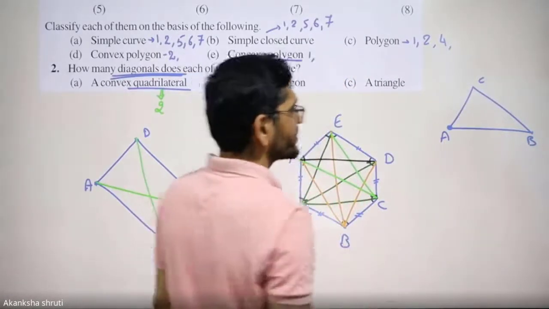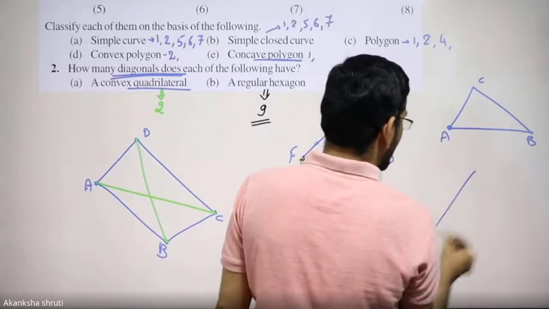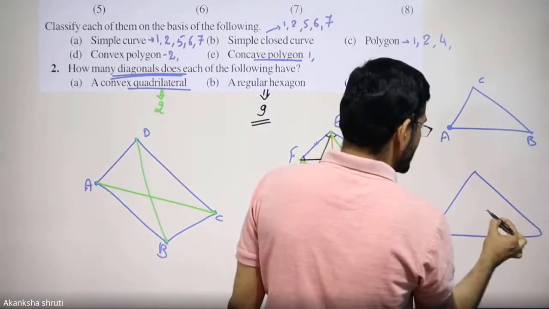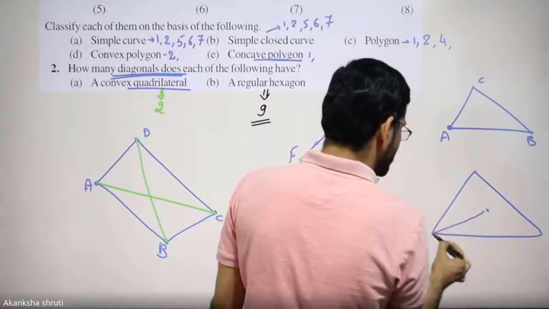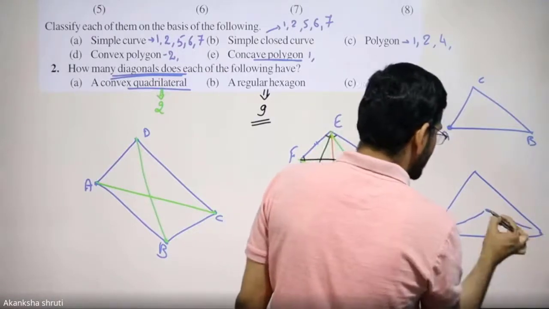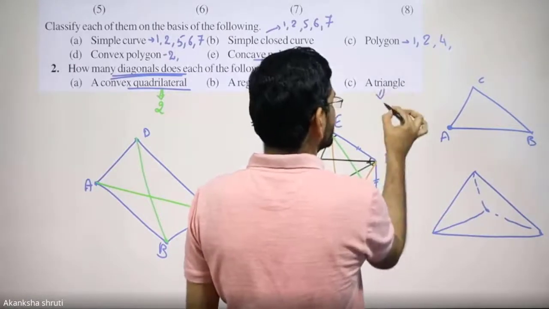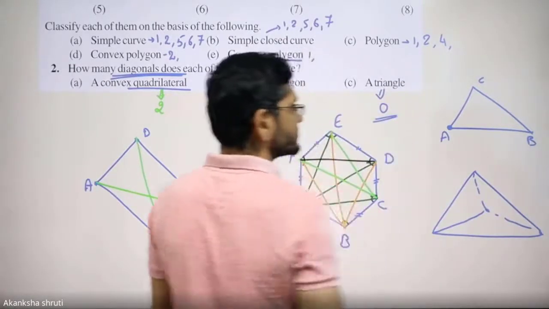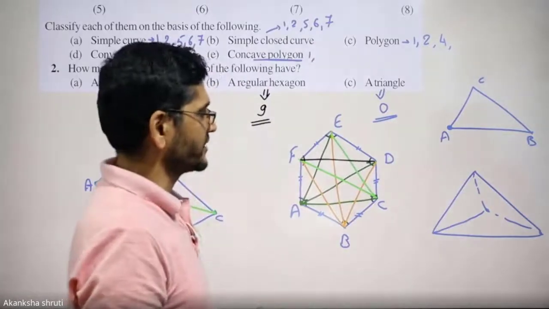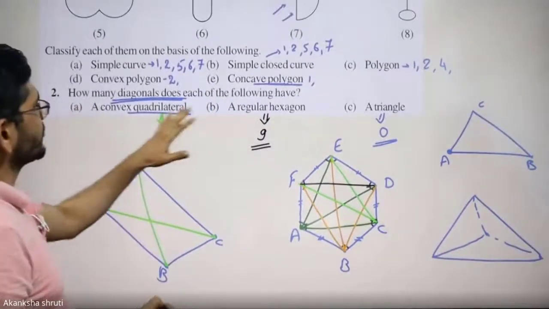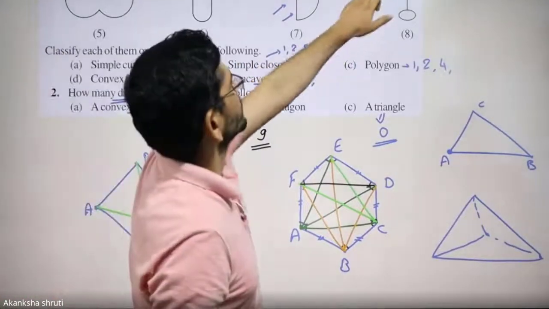But if it is asked for a diagonal from any internal point, then you may obtain it by joining these points. Like this one. So for a triangle, if we just ask for the number of diagonals, it is 0. You have to keep that in mind. So this was all about calculating the number of diagonals. This was our question number 2.